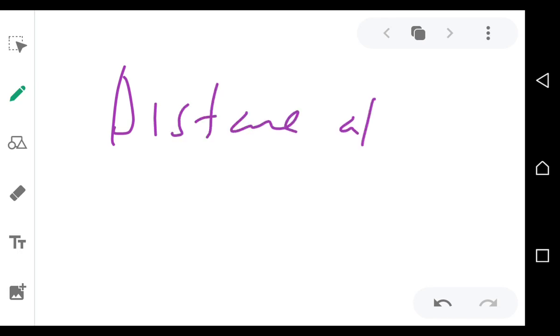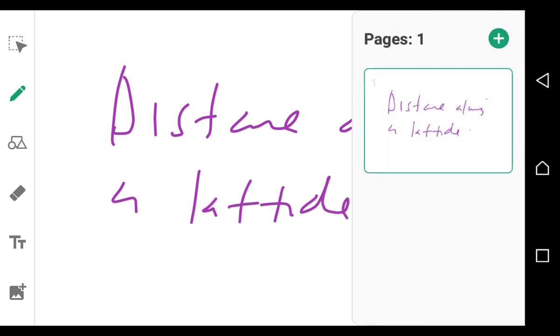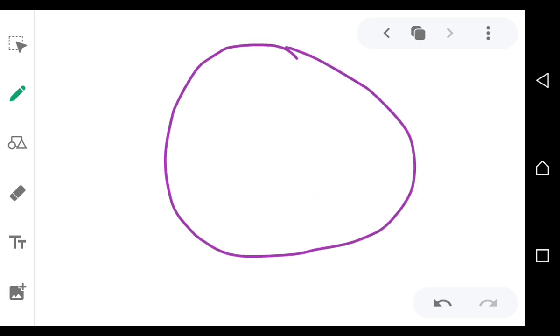Okay, so we're continuing with distance along a latitude. We're dealing with distance along a latitude on the Earth. Of course, these are two longitudes.